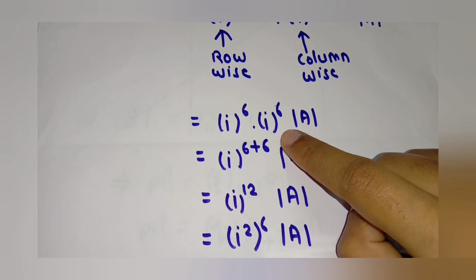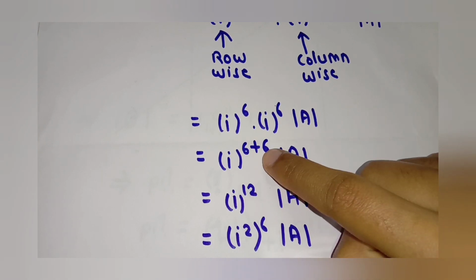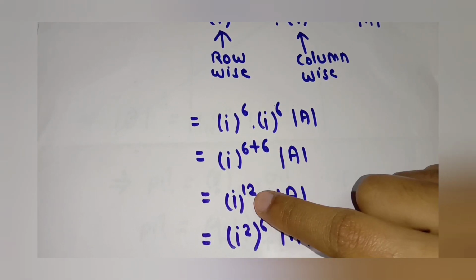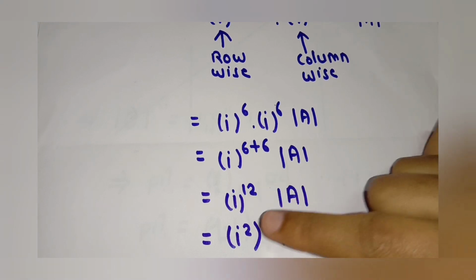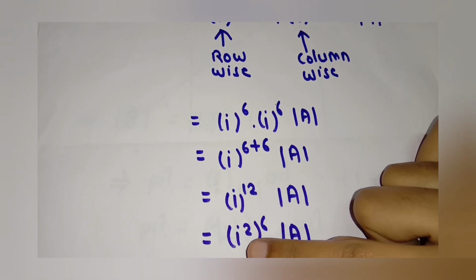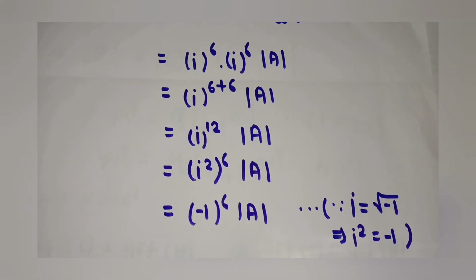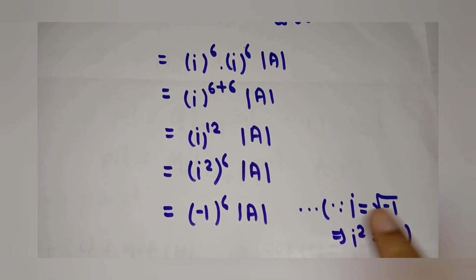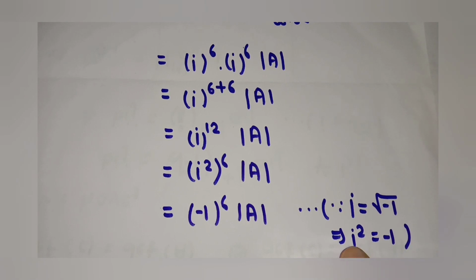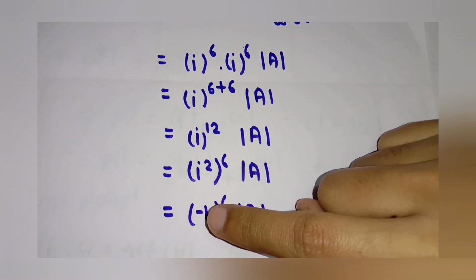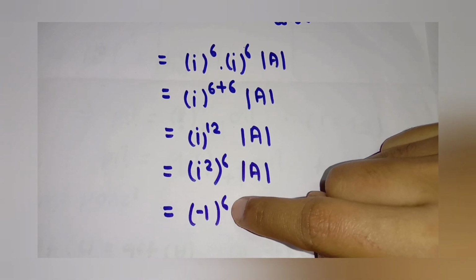Here the base is the same, therefore add the powers. Therefore 6 plus 6 is equal to 12. 12 we can write as i raised to 2 raised to 6 into determinant of A. As we know i is equal to square root of minus 1, then i square is equal to minus 1. Therefore replace i square by minus 1 raised to 6.